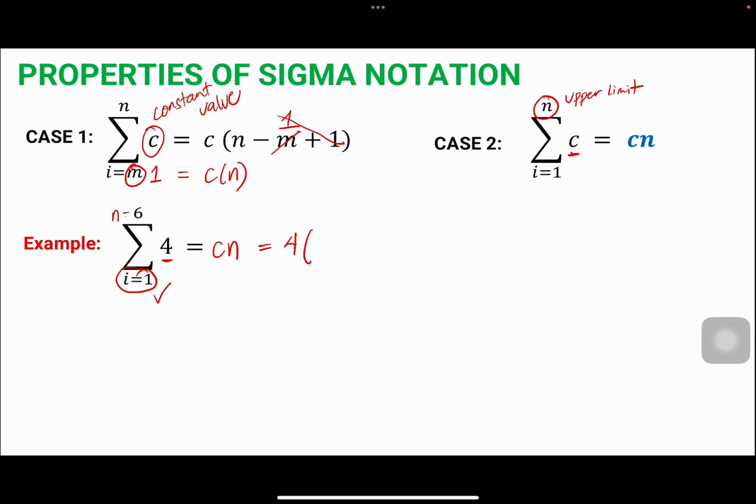Ang N natin again ay tinutukoy natin yung upper limit niya. So 6 times 4, or 4 times 6, so we can have 24. Therefore, the summation of 4, which I is equal to 1 up to 6, is equal to 24. So this is our properties or rule natin sa sigma, constant rule natin for sigma notation. Okay?